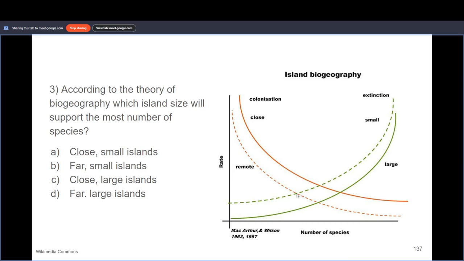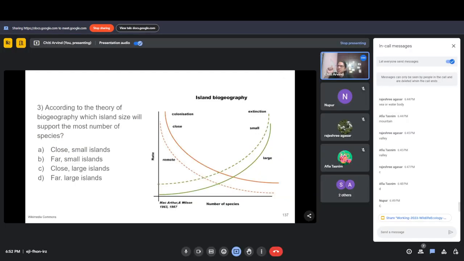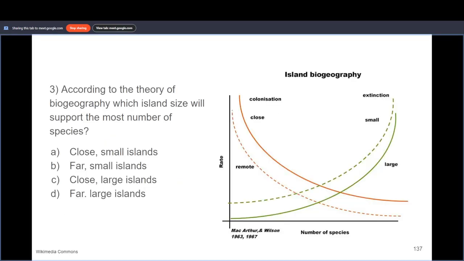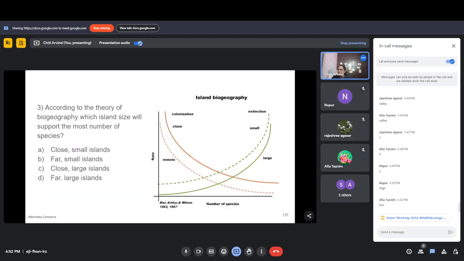Tell me. Right, so rate of extinction on larger islands is lower.